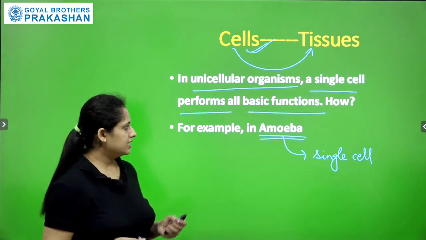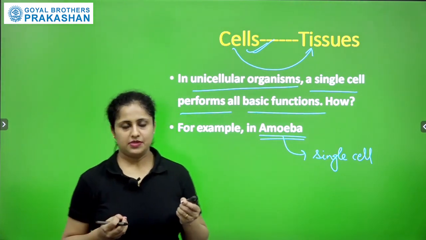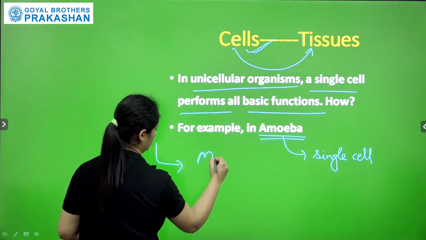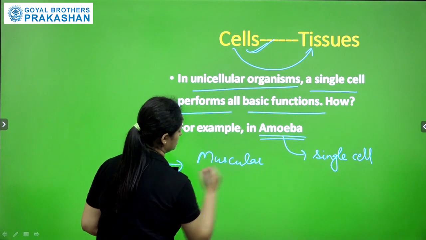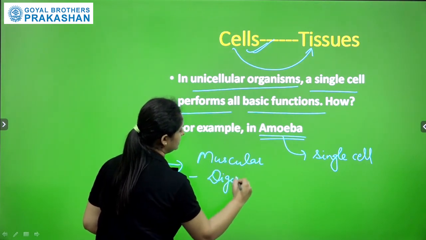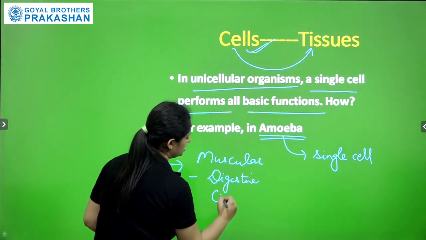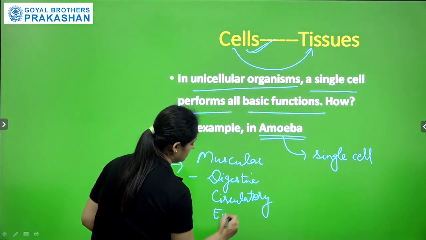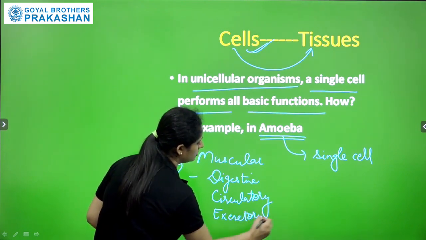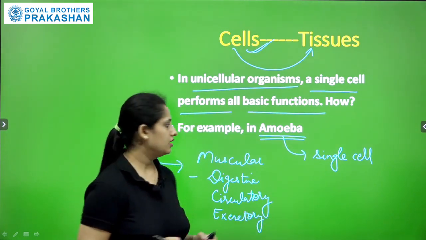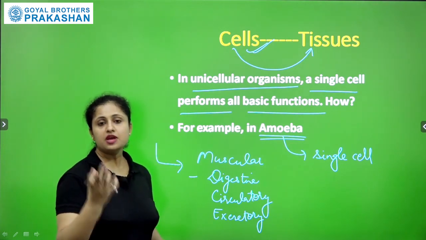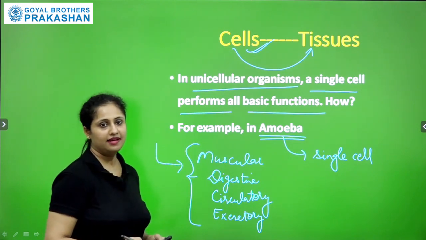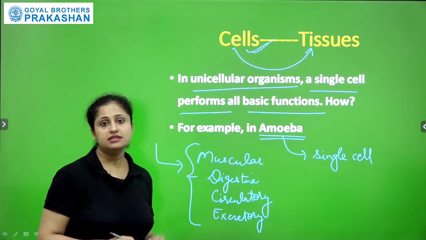Now, let's see that in our body, there are many systems like muscular system, digestive system, circulatory or transportation system, excretory system, and there are many other systems also. We have specific organs to perform different functions which are correlated with these systems.